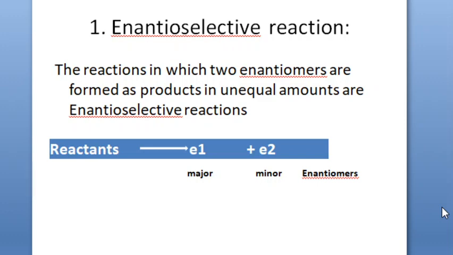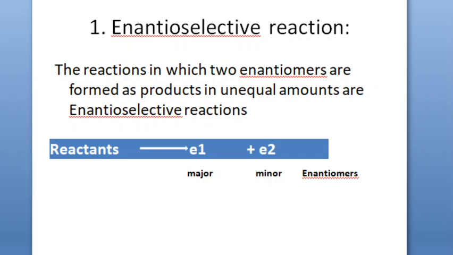This is a simple scheme where your reactants are converted in the presence of some reagent. Obviously, we make use of a reagent. Enantiomer 1 and enantiomer 2 are produced, and one is major, another is minor. Then you can say that your stereoselective reaction is an enantioselective reaction.